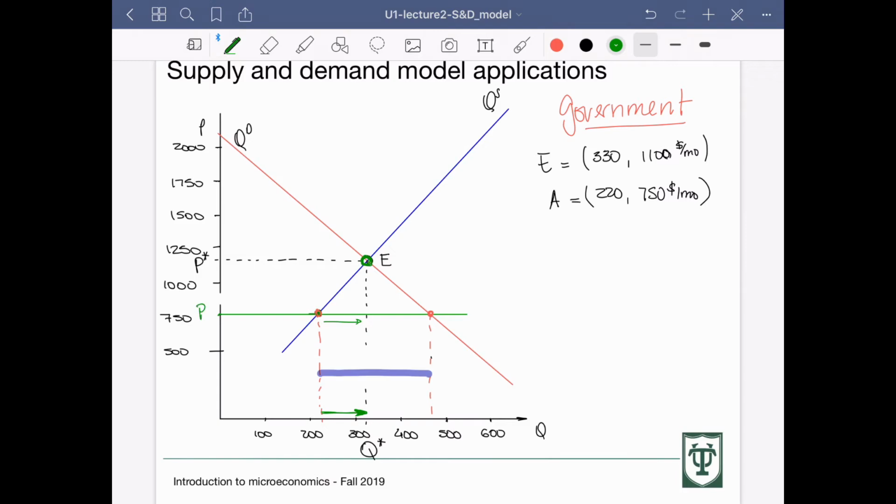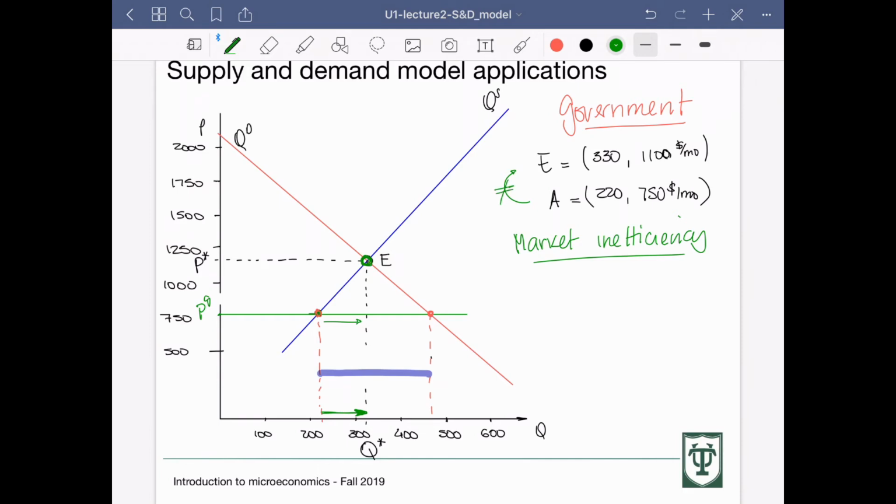So when we set a price cap, what occurs is we create a market inefficiency. We say the market is not working efficiently because point A is not the equilibrium point.